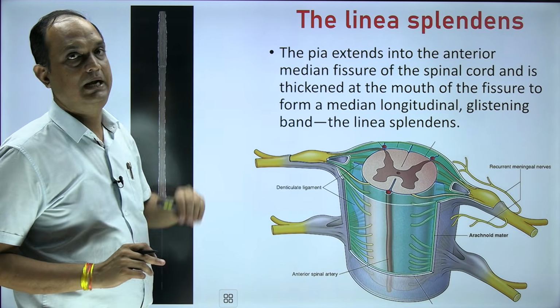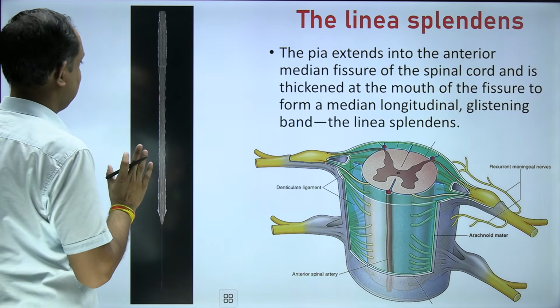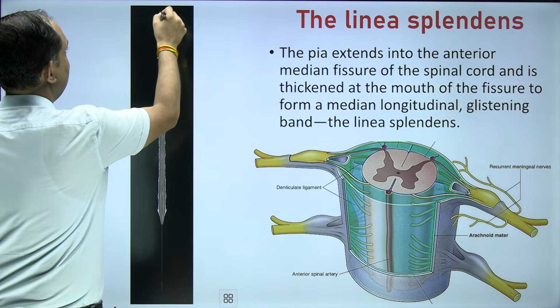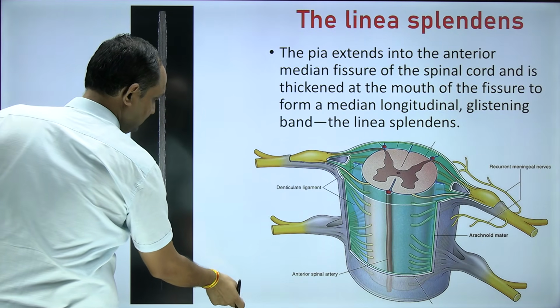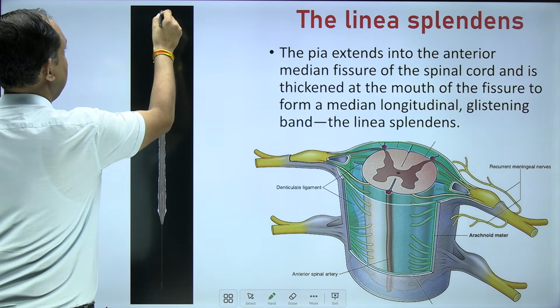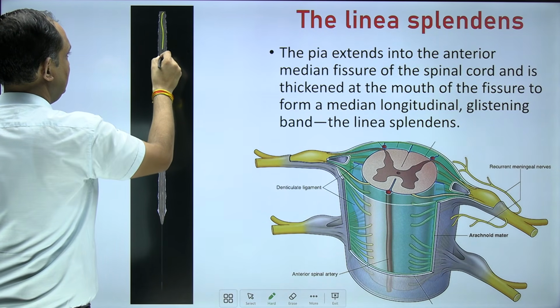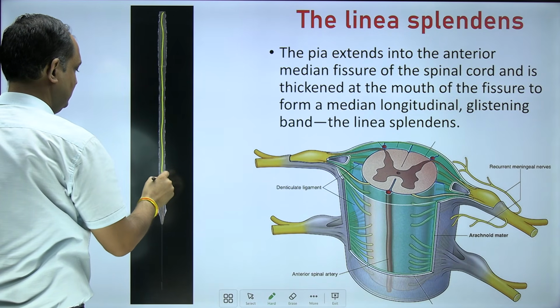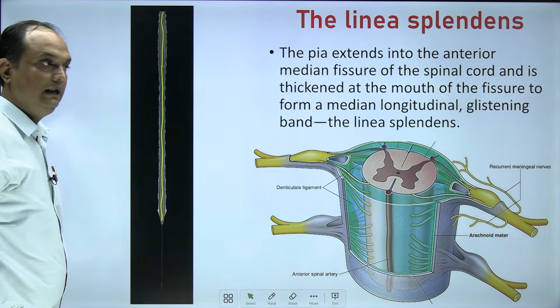First is the linea splendens. When you dissect and see the spinal cord from the front, on the midline anteriorly you will find a thick band, and that thick band is known as linea splendens. So linea splendens comes on the anterior surface of the spinal cord in the whole length. Clear?